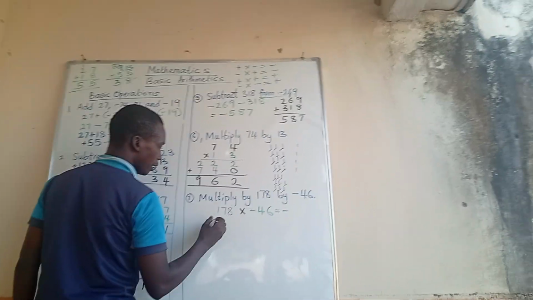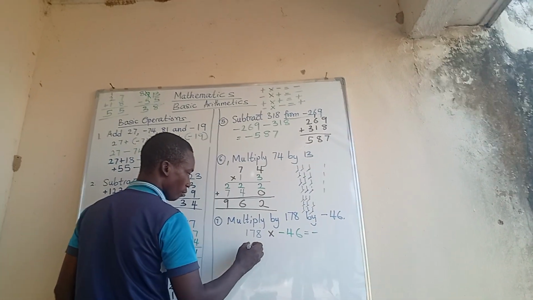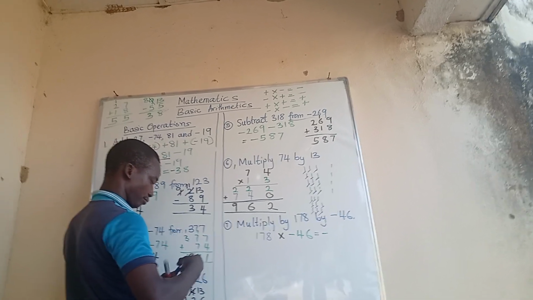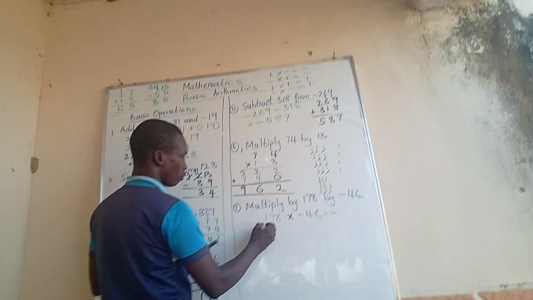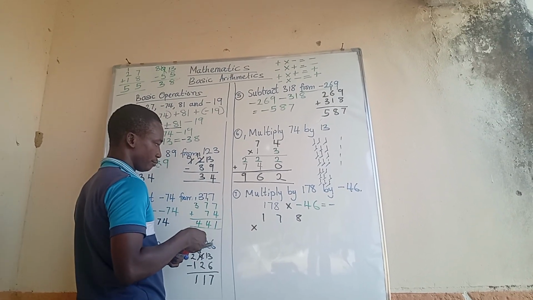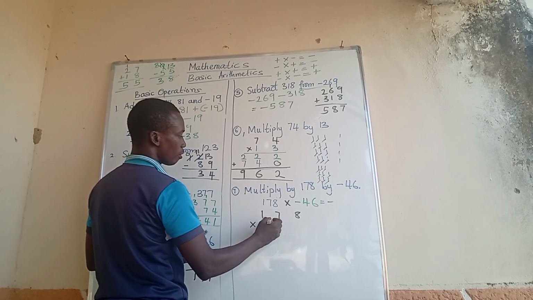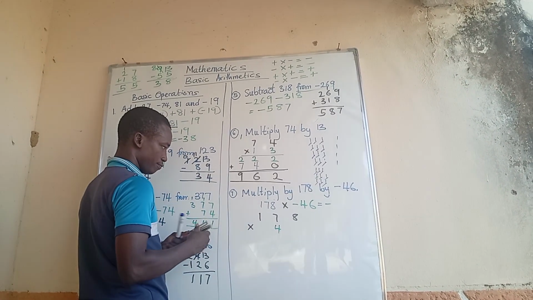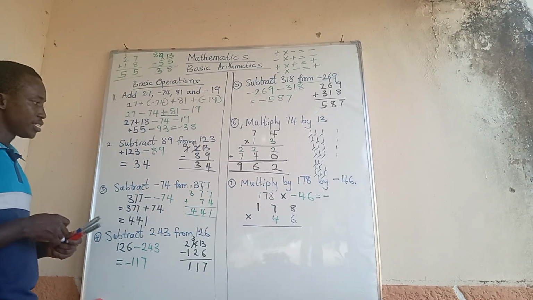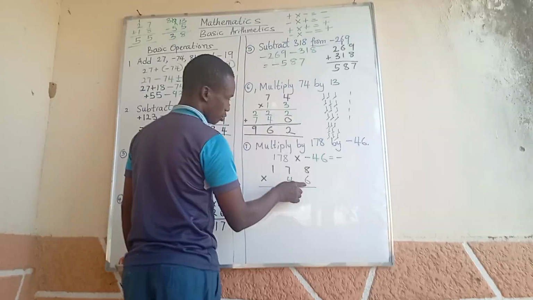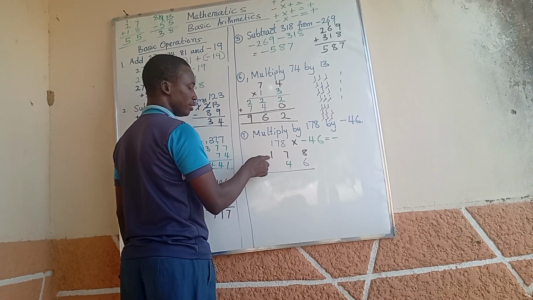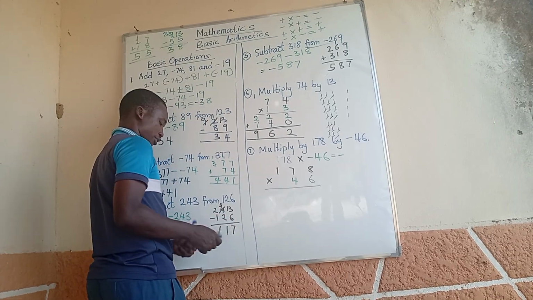Then we now multiply the number, 178 multiplied by 46. So what this means is that we are going to use this 6 to multiply 8, multiply 7, multiply 1, and we'll write it in the first place. So let's do that.